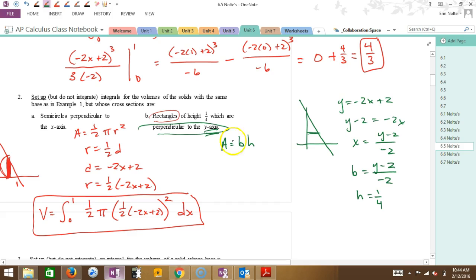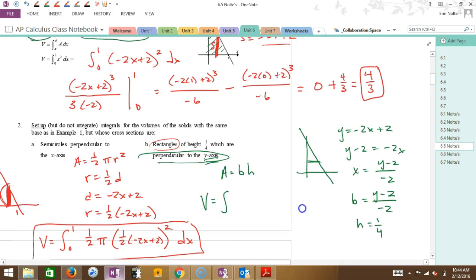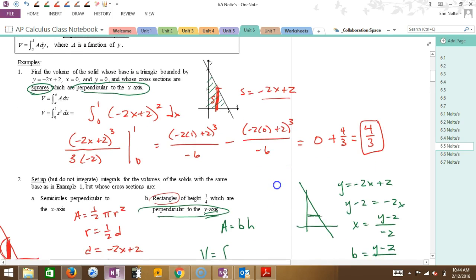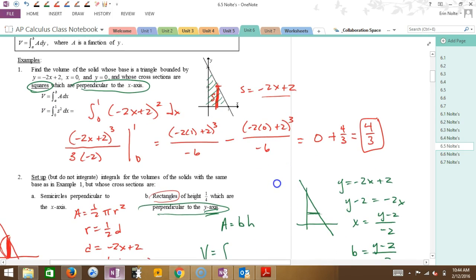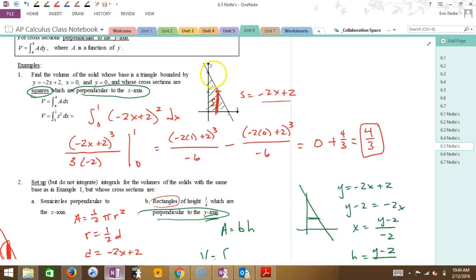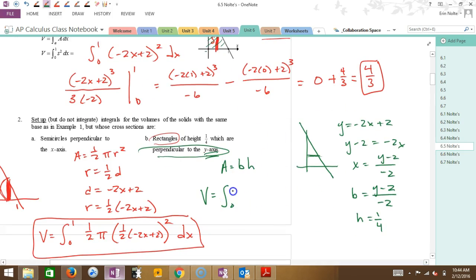Are you ready? This time we're doing volume from the lowest y value to the highest y value. What's the lowest? We might have to look at the picture that had a better drawing up above. 0 to, what's the highest y? 2. See where I'm looking? Up here. 0 to 2.